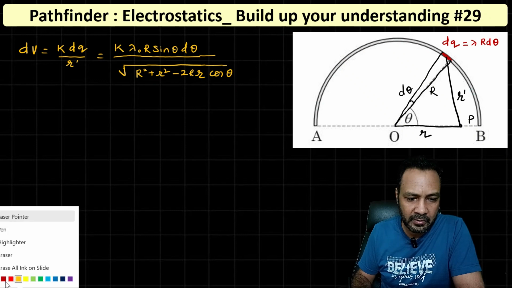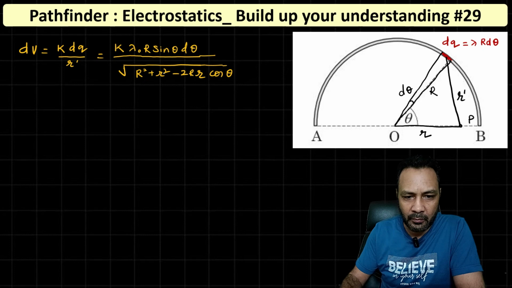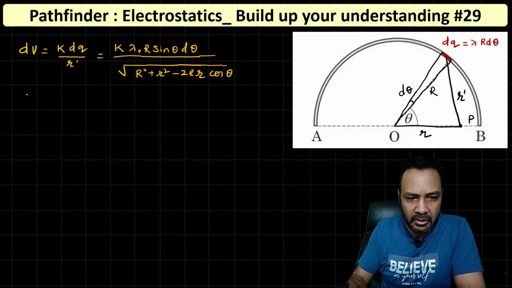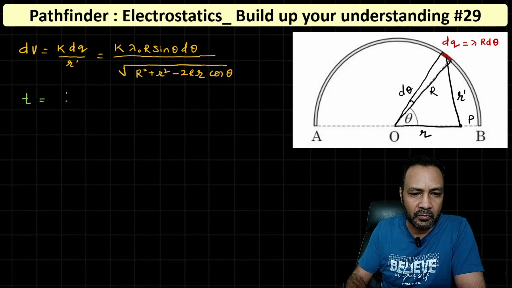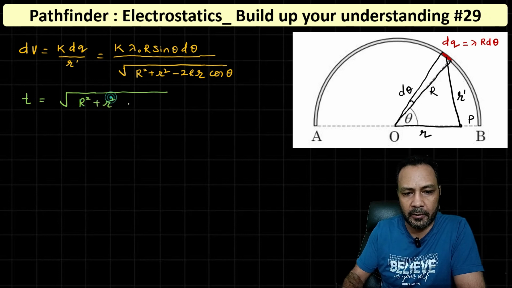To calculate this integration, I will have to take a substitution. I am taking t equal to whatever is in the denominator: t is the square root of capital R square plus small r square minus 2 capital R small r cos theta.